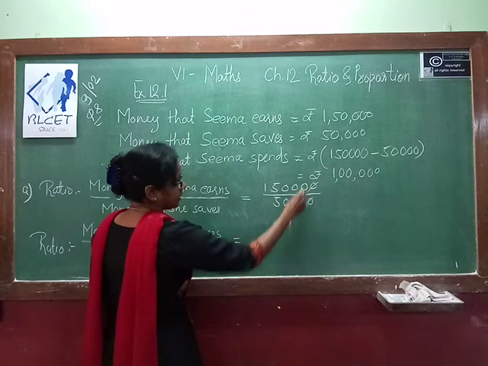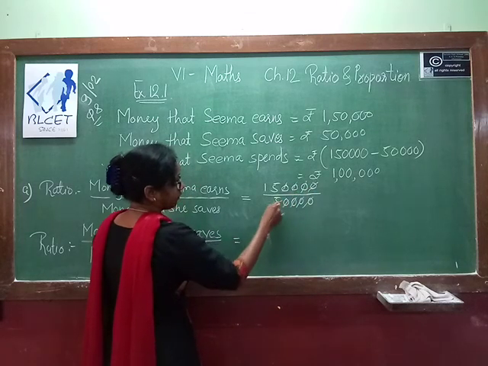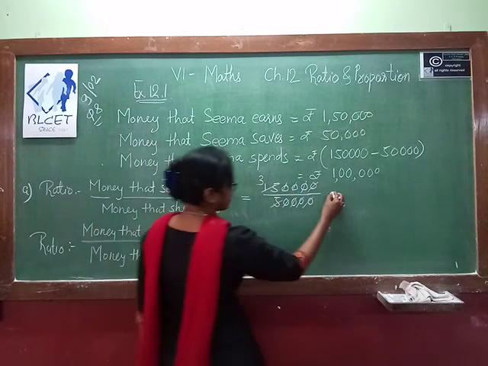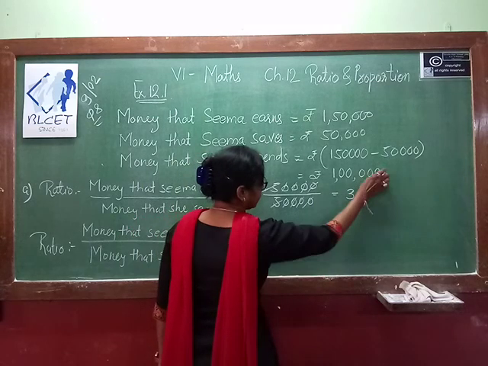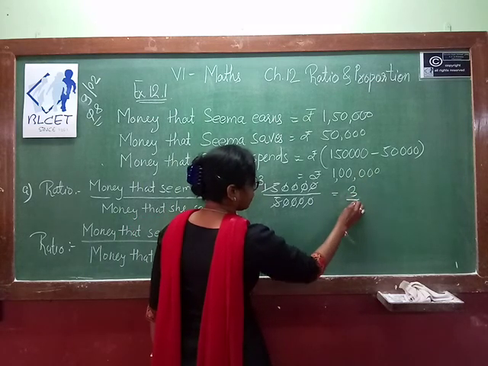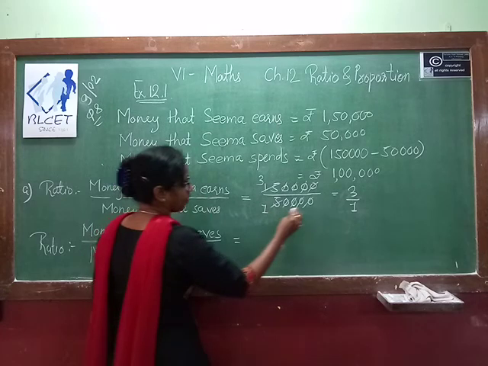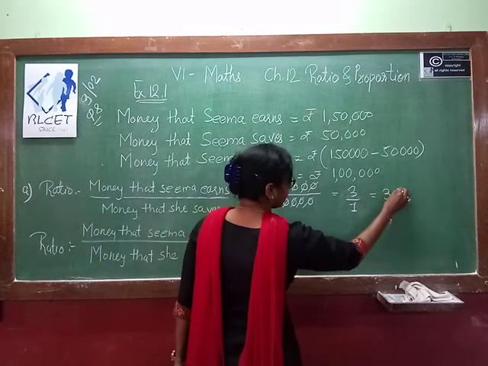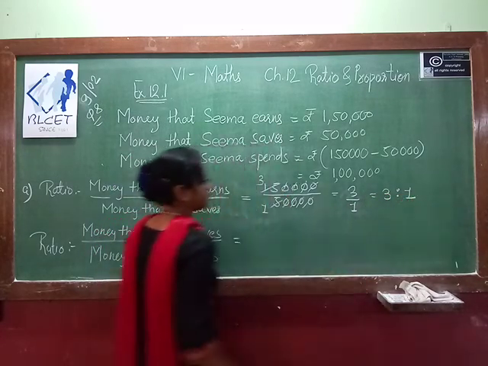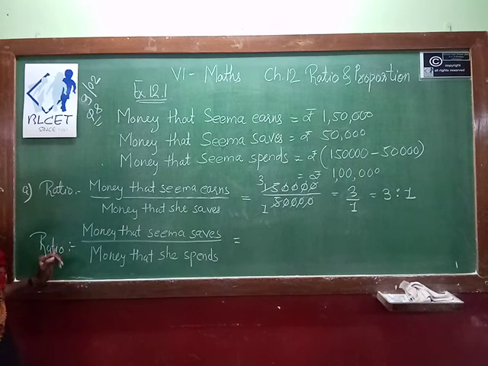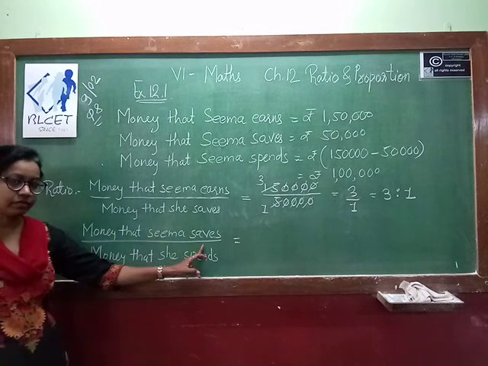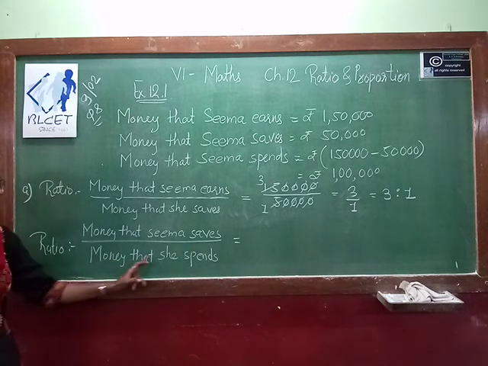Do the cancellation. 5 3s are 15. So what is the ratio? 3 divided by 1. Here nothing means 1. So the ratio is 3:1.